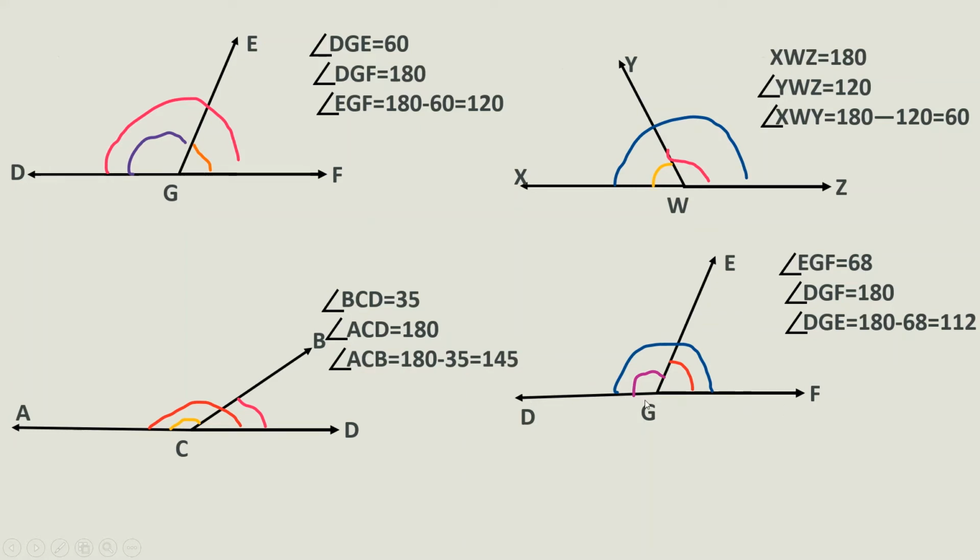To find out DGE, we subtract 180 and 68 degrees, which gives us 112 degrees. And here, this shows that two angles that add up to 180 degrees is a supplementary angle.